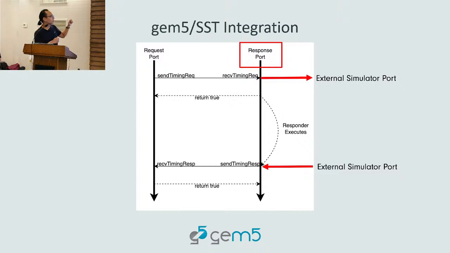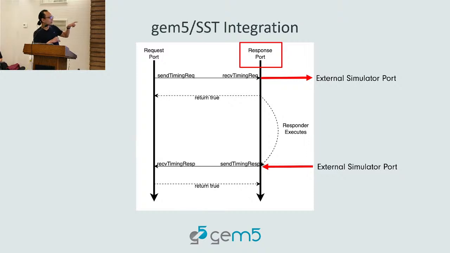What happens when gem5 sends a request to the other simulator? The send timing request function will be triggered, and then the response port should be able to receive that timing request, or basically it should have the receive timing request function implemented.